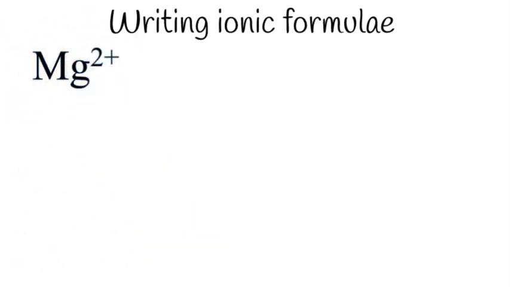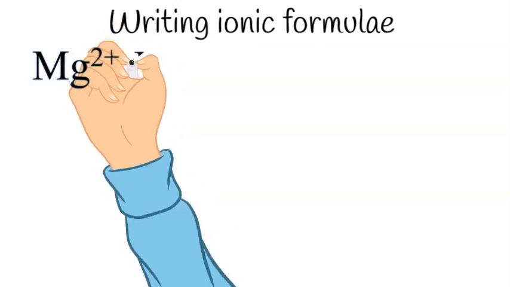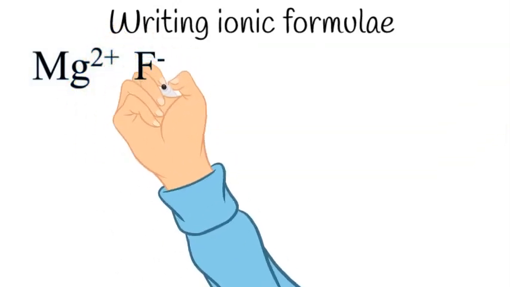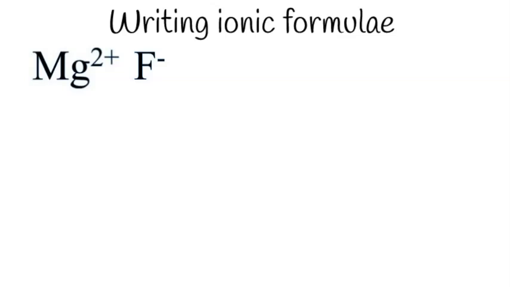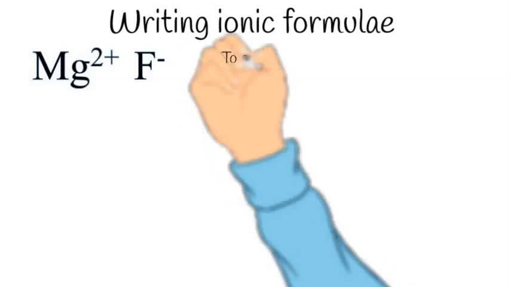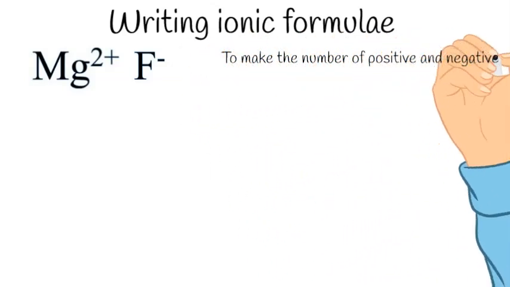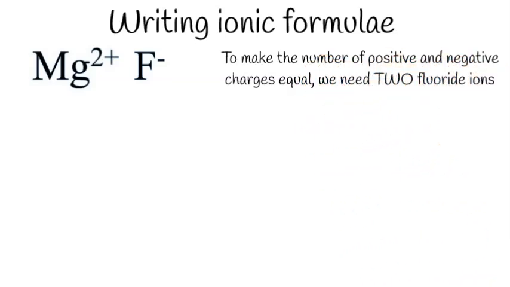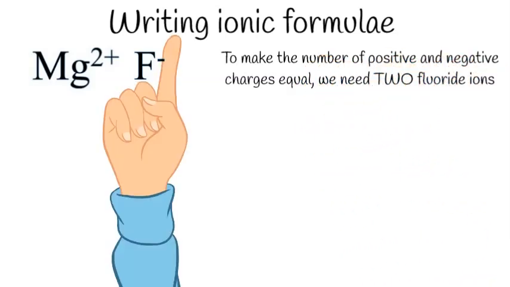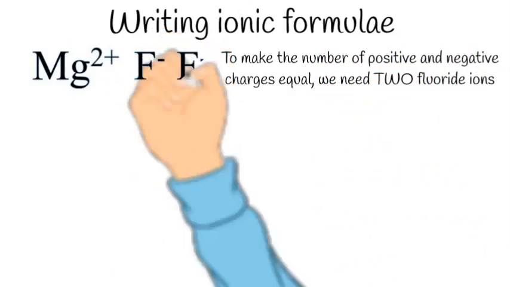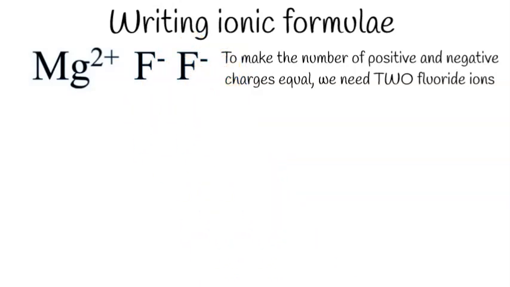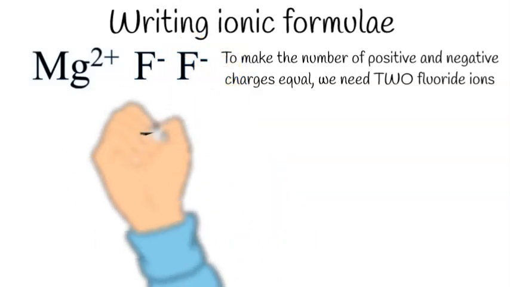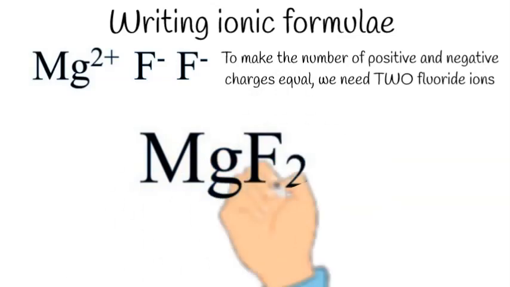Writing ionic formula. Mg2+ and F-. There's 2 positives but only 1 negative. To make these equal, we need another fluoride ion. This gives us 2 negative charges and 2 positive charges. When we write the formula for this compound, we write MgF2.